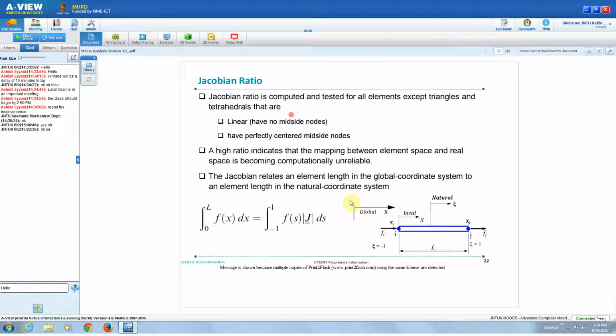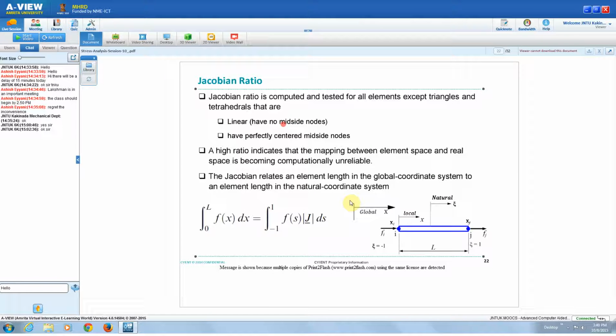Jacobian ratio is a typical shape checking factor which is checked for all the elements except triangles and tetrahedrals that are linear. That means if there are trias and tetrahedrals which don't have mid-side nodes, the Jacobian ratio will not be calculated.